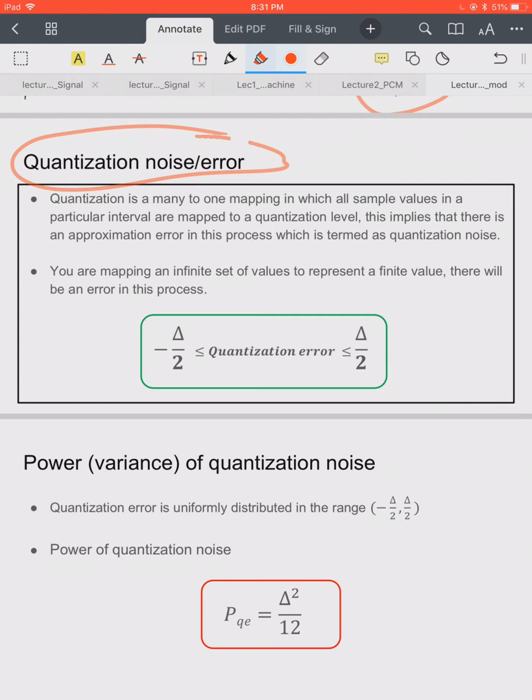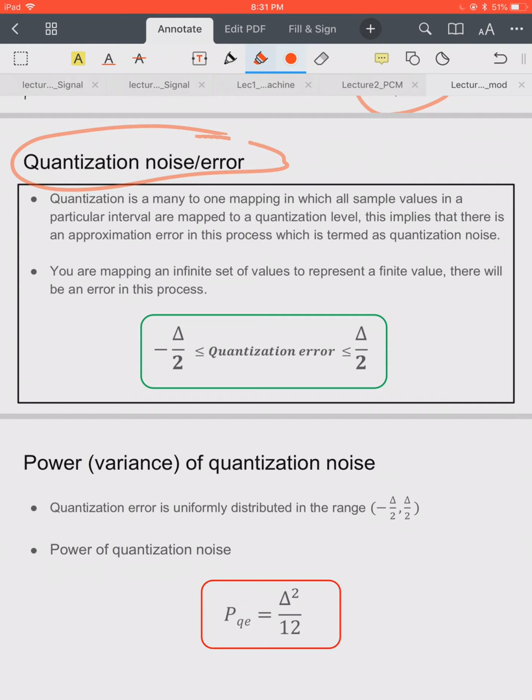So we are basically mapping an infinite number of samples in one quantization interval, because the input can be in continuous form.